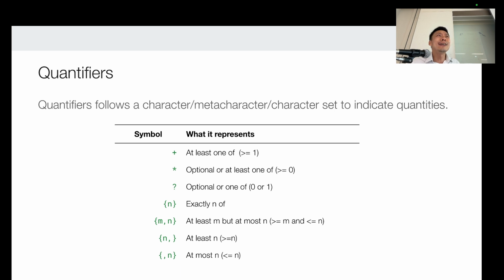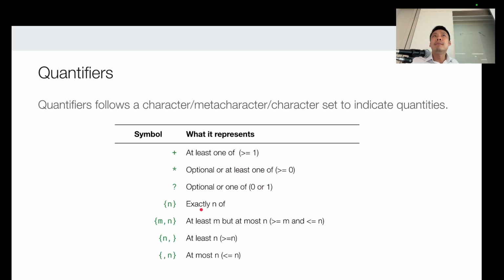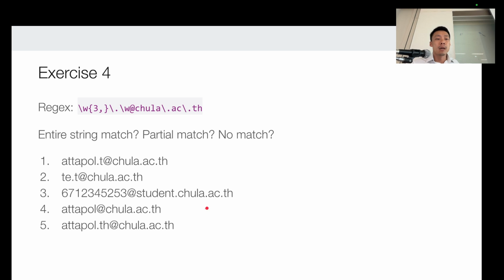So at the end of the day, regex will look really ugly because it's just a bunch of symbols and it's impossible to understand. That's the bad thing about it. But usually for the quantifiers, we use these three that we see a lot. Again, you can always look it up. Put it on your notes, you can always look it up.